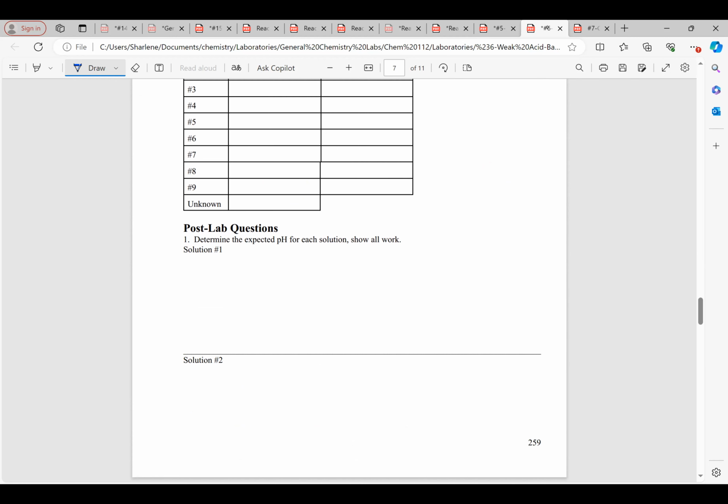You had 0.1 molar vinegar. Now we've done this problem like 6 billion times, but it's HAc. We started with 0.1 molar.